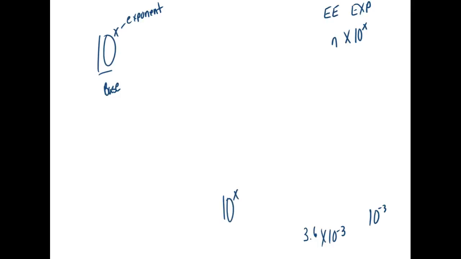So like we said, we can represent any number as 10 raised to some power, whether it's positive or negative. It would be less than 1 if it's a fraction, and more than 1 if it's a whole number.